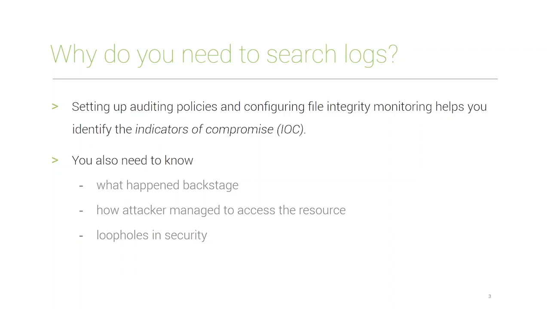You also need to learn what happened backstage, such as how the attacker managed to access the particular resource, and also analyze the loopholes in your network security. These answers lie in the forensic analysis through the log search. It also helps you to speed up the process of attack discovery and to contain future threats with the same pattern.